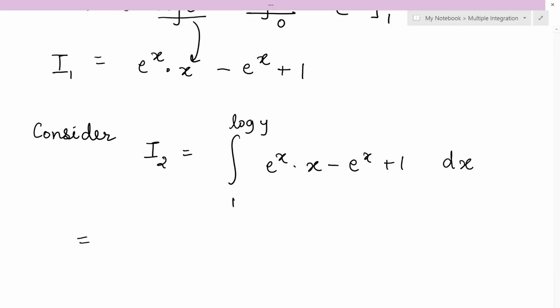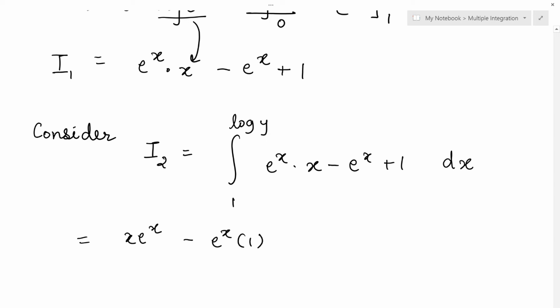I'll do it directly by parts rule. So e raised to x can be written as x into e raised to x minus e raised to x into 1. This is your by parts. Minus e raised to x integration is e raised to x, and 1 integration is x. So this will be 1 and log y, right?